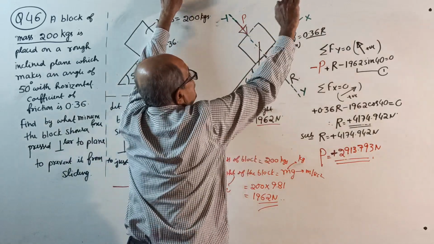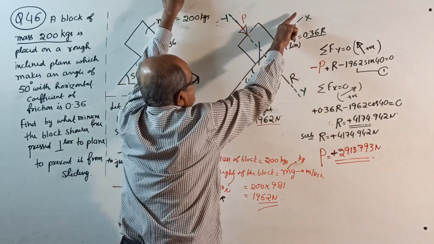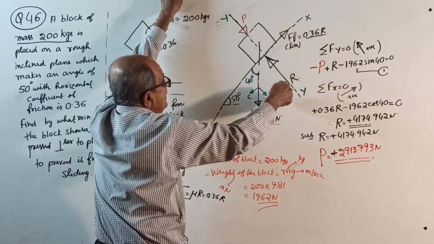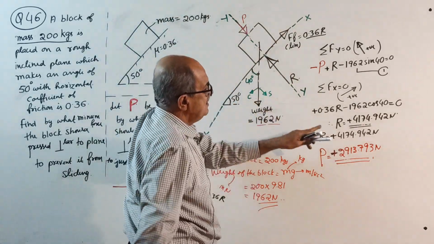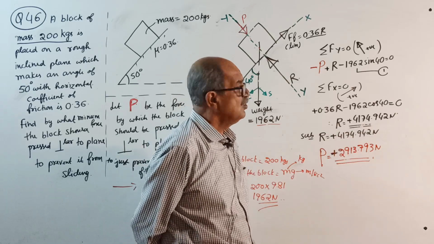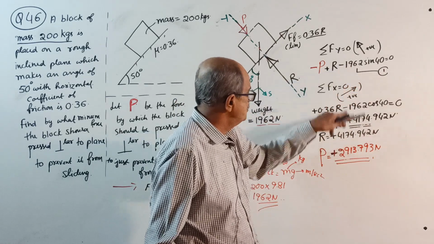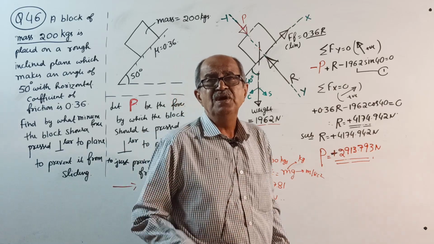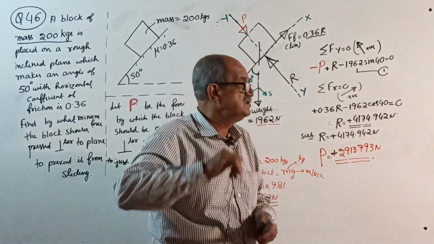Write this way positive. You get plus 0.36 R directly along Y, minus 1962 cos 40 equal to 0. Your R will come 4174.942 Newton. Substitute that R here, you get the value of P. Positive sign came. Make a note. Positive sign means correct. It should be pressed by that force.